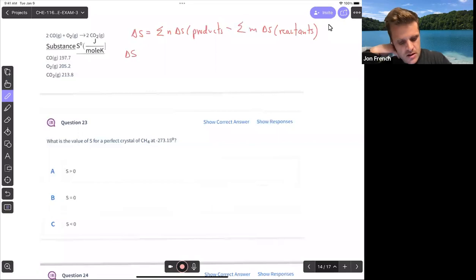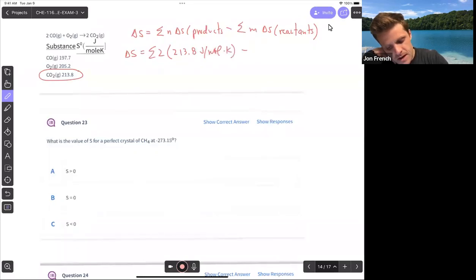So I've got 2 moles of carbon dioxide at 213.8 joules per mole Kelvin, minus the sum of my reactants, 2 moles of carbon monoxide at 197.7 and 1 mole of oxygen at 205.2. And I dropped the units, but they should be joules per mole Kelvin.